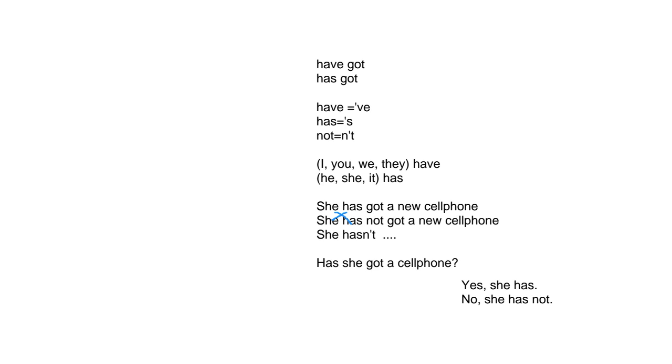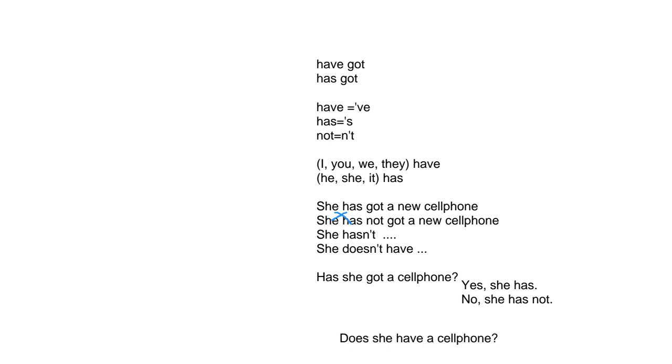You can ask this question: does she have? Does she have a cell phone? I hope this is clear for you. And all the rule is summarized here in your book on page 15.